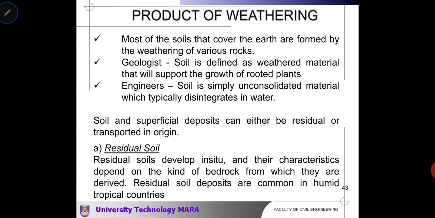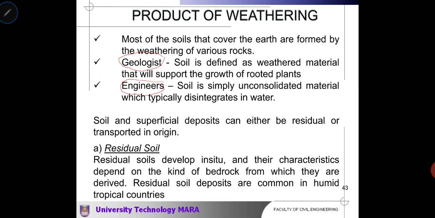Most of the soil that covers the earth is formed by the weathering of various rocks. In terms of geology, we have different definitions of soil from the perspective of geologists and from the perspective of engineers. Both professions define soil differently. For geologists, soil is defined as weathered material that will support the growth of rooted plants.